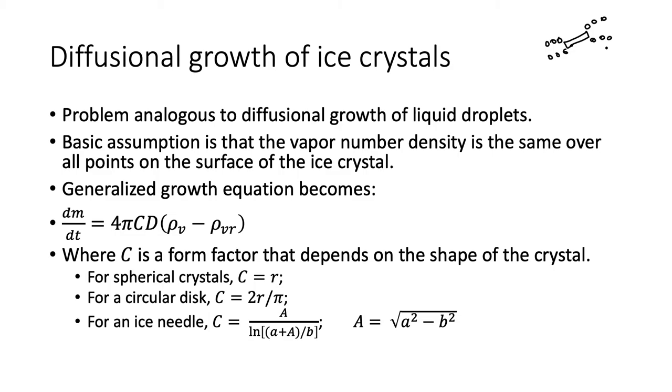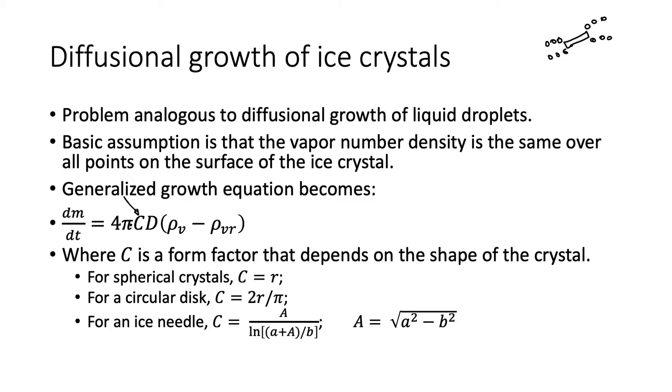Essentially, we assume that this is a diffusive process, and so the mass of the ice crystal grows, if you go back and look at the equation that we used, as 4 pi D, where D is some diffusivity factor, times the difference between the vapor next to the droplet and the vapor at a great distance, times a constant that we now call C.